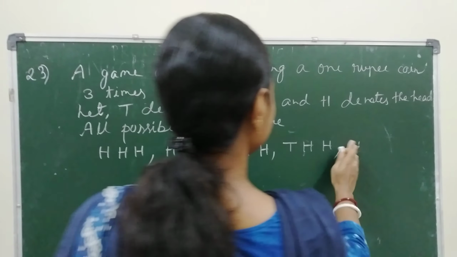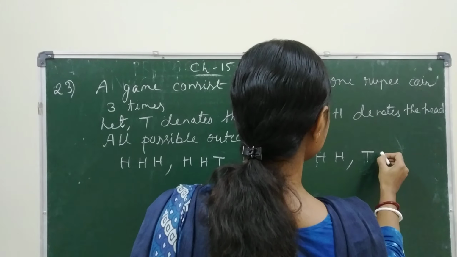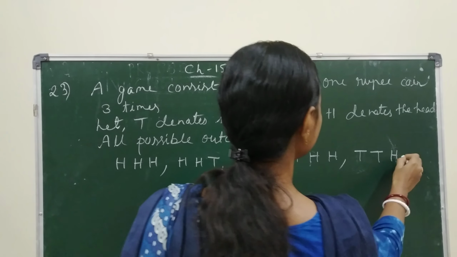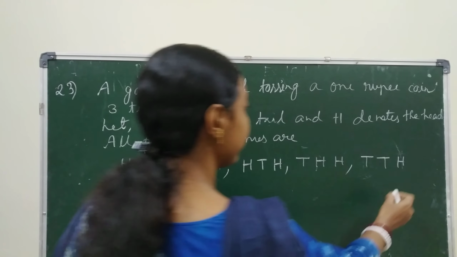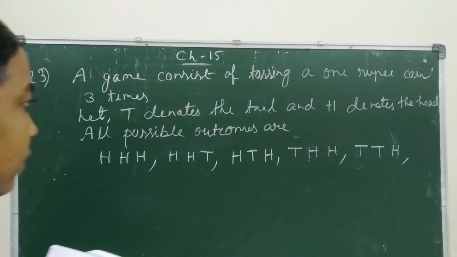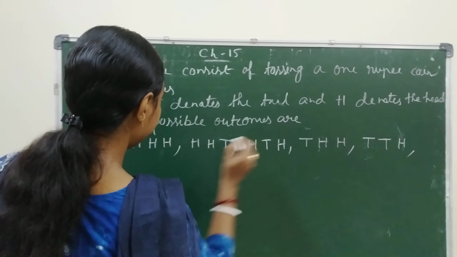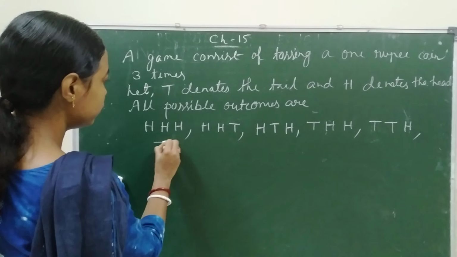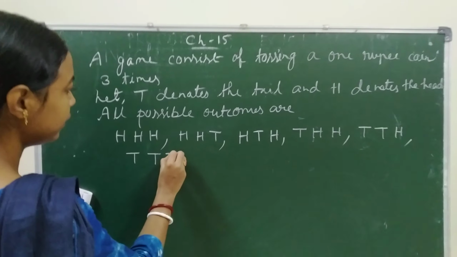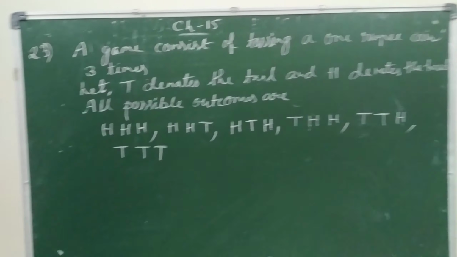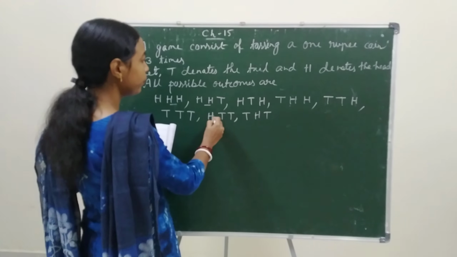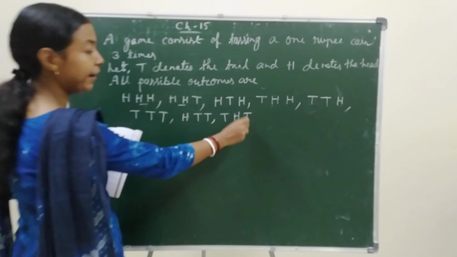Then T, H, H, 2 times tail and last time head. Then head, tail, and so on, 1, 2, 3, 4, 5. Another one also: tail, tail, tail. Okay. So head, tail, tail and tail, head, tail.